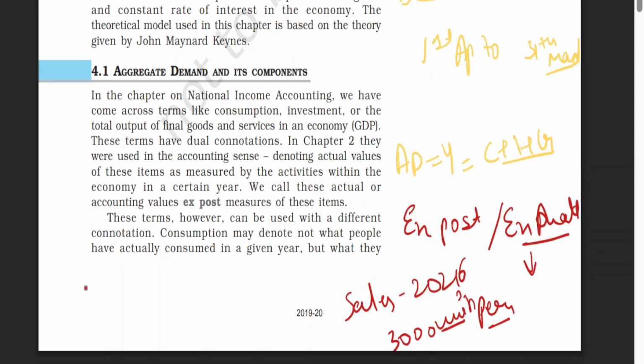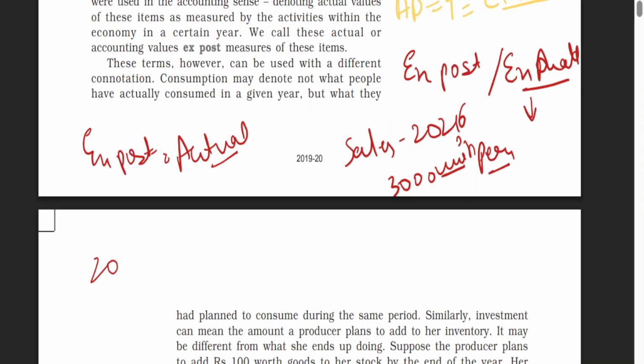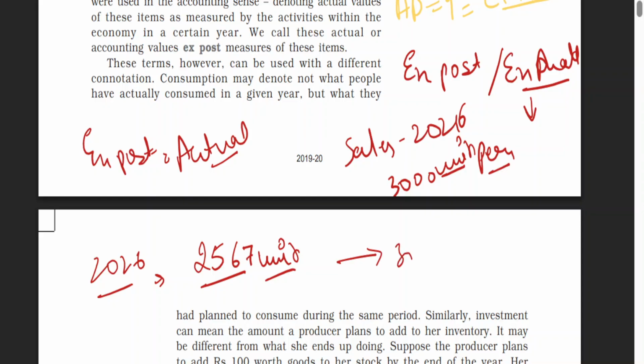The ex post part is the actual value, what you are actually going to get. Suppose at the end of 2026 I was only able to sell 2567 units, and my aim was to sell near about 3000 units. The actual value which I have got is my ex post value, and the ex ante value is what you desire to be.